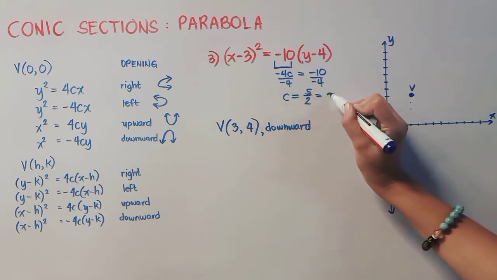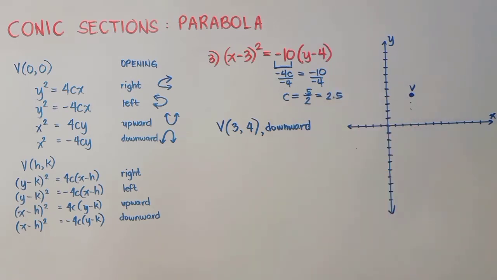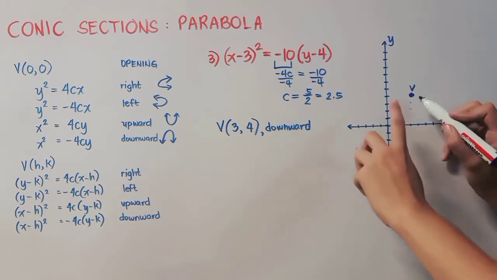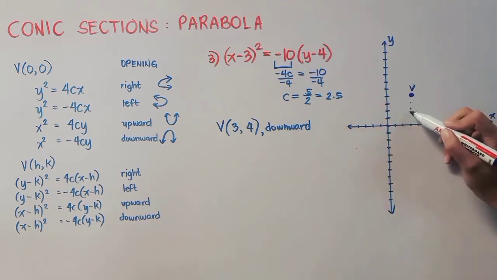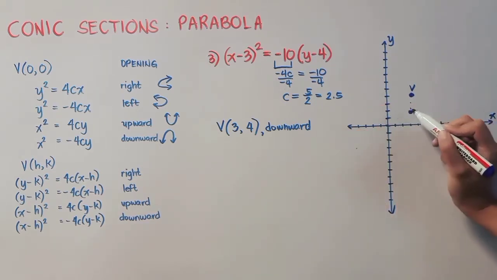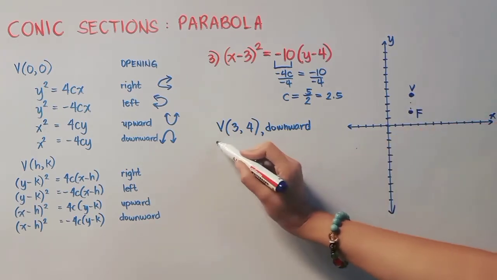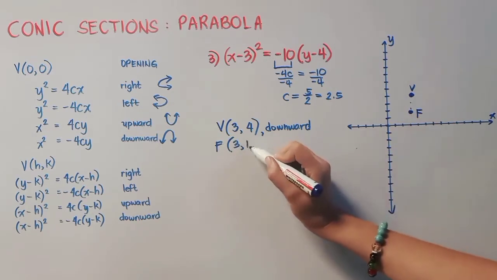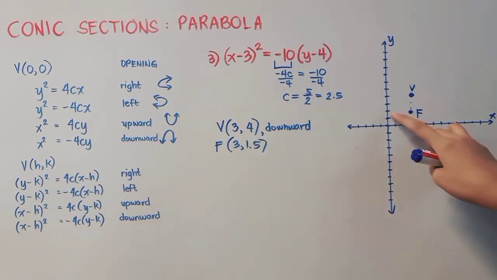So that is equal to 2.5. Using our c, we will just count here downward 2.5. 1, 2, 0.5 here. So our focus here is 3 and then positive 1.5.